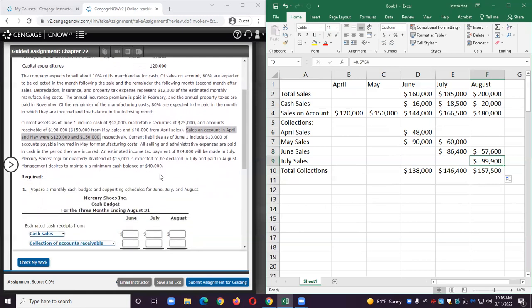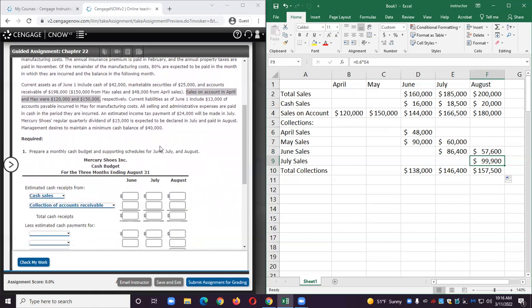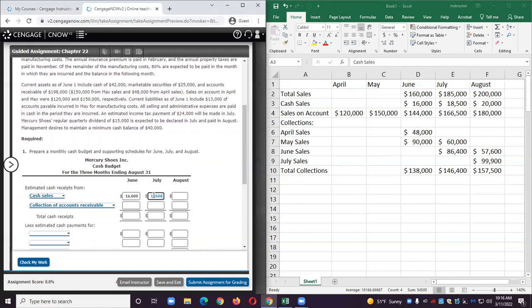There's my total collections. So I can come down here now, and here's my cash sales. So in June, my cash sales were 16,000. July, 18,500. In August, 20,000.